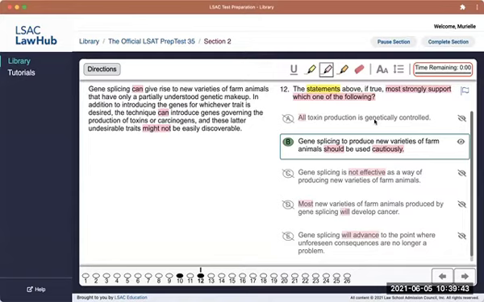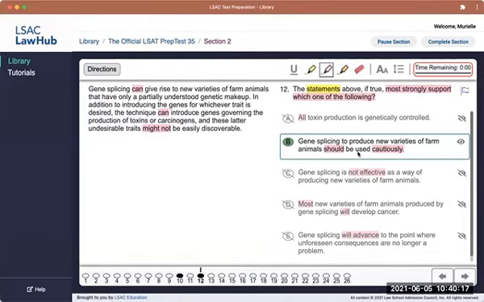I would say it's so strong that I could eliminate A immediately. I'm so confident that A is incorrect, that the difference between some toxin production being genetically controlled and all being genetically controlled is so vast that A is just not supported. I have hardly any information that gets me to A.